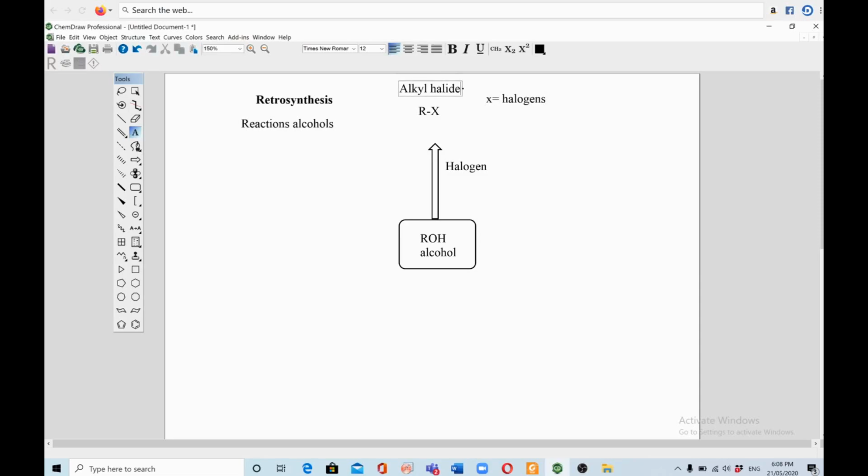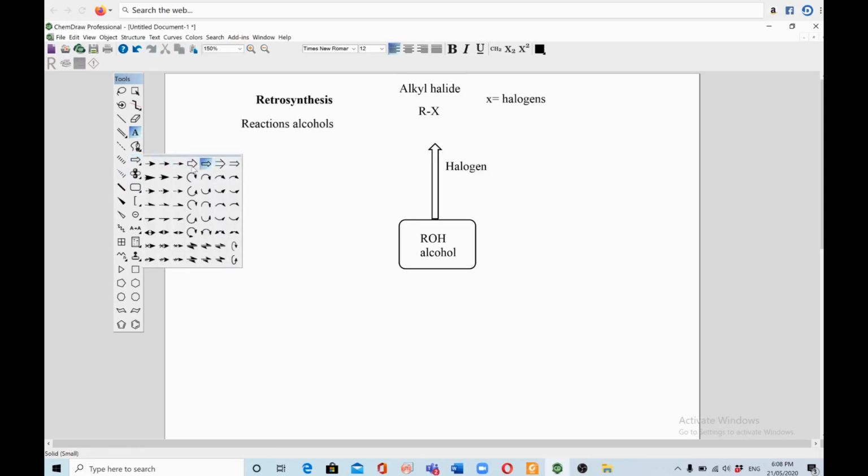Now you need to be sharp here. What I'm saying here basically is you can prepare alkyl halides from alcohols. You need to remember this on your fingertips when you are solving retrosynthesis problems.